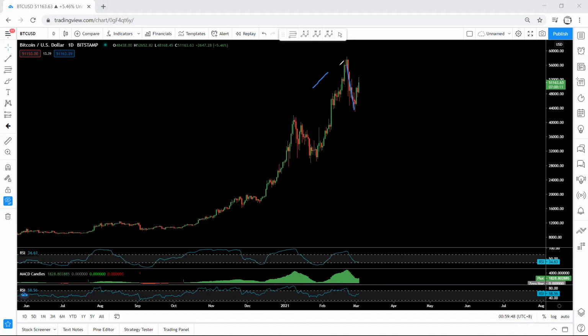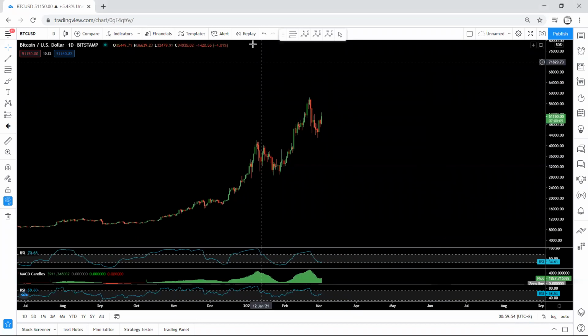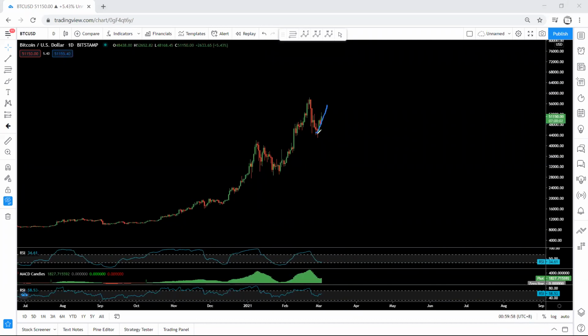That's why we were more interested in this, because if this one turns into a running flat, whether the price starts from here or we get one more drop, the next move can give us a really good trade, the continuation. Because if we refer to 2017 on a chart, we will see we have something similar to what we have here.